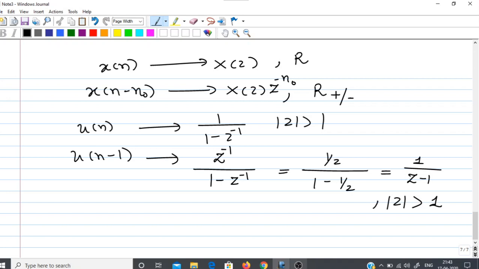So what you have to remember is that if the sequence is an infinite duration sequence, and you shift it either in the left direction or the right direction, there would be a change in the expression of the Z transform, but the ROC will remain the same. The ROC changes only in the case of a finite duration sequence. So with this, I stop here. Thank you very much.